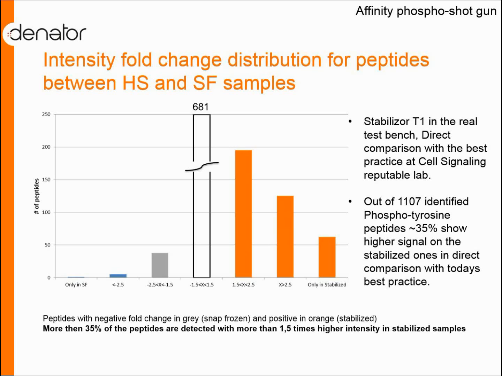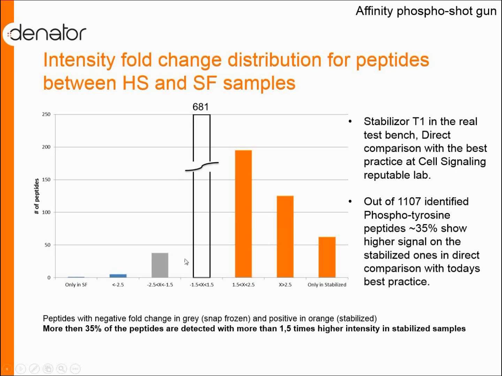These peptides are then affinity enriched. In this case, we've been using the phosphotyrosine specific antibody from Cell Signaling, and this experiment is actually done by Cell Signaling altogether. And so you have a much enrichment of phosphotyrosine peptides.